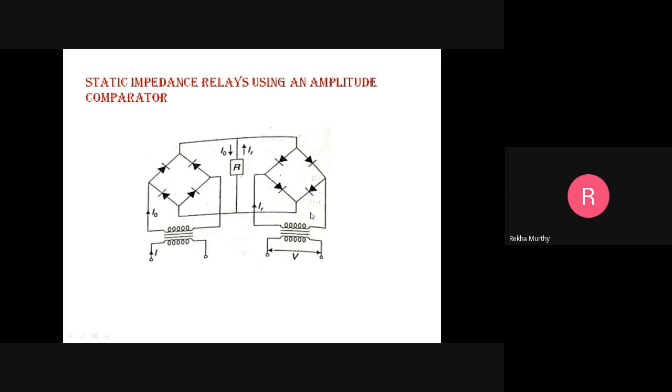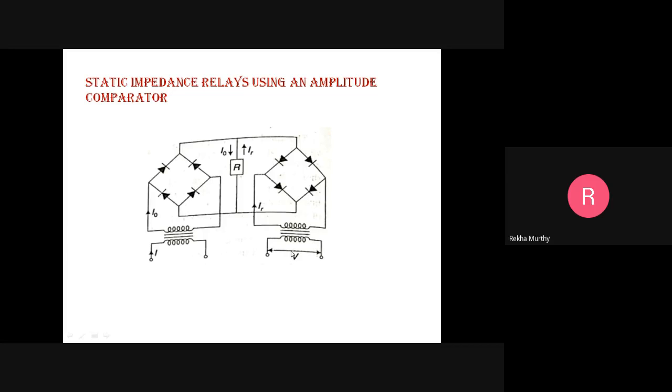Since here the amplitude comparator, I is compared with the voltage V. Okay, so here these are the actuating quantities. I is compared with the voltage V. So I is an operating quantity, V is the restraining quantity.